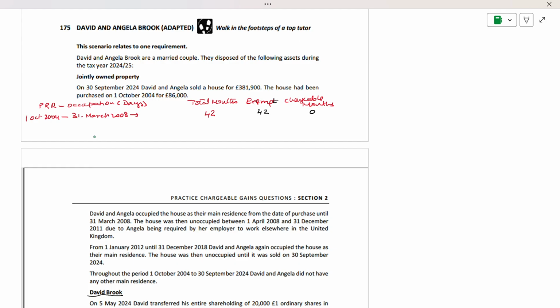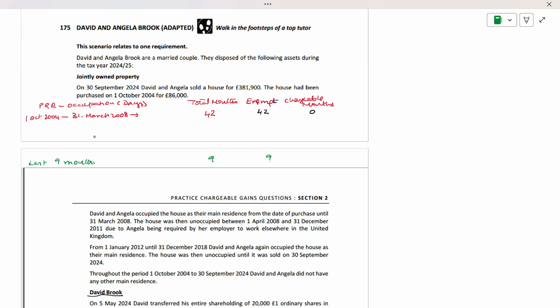The last 9 months will be exempt automatically. Last 9 months are exempt. Are you clear about this? Yes, sir. Okay, next.